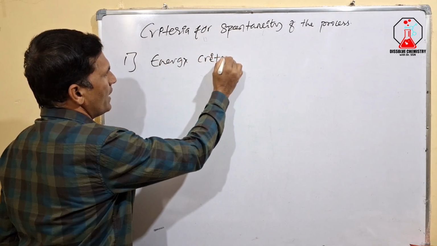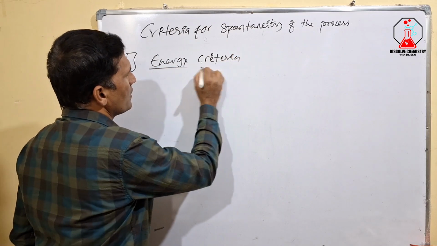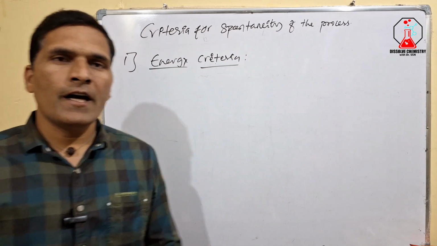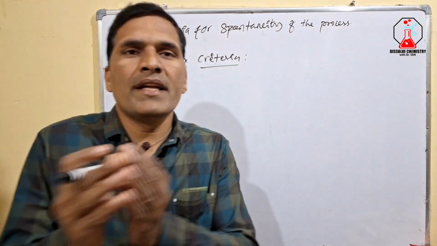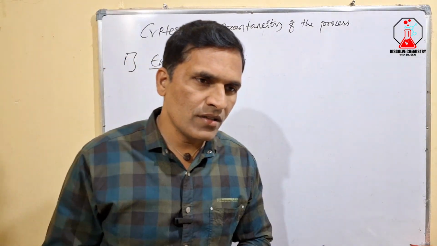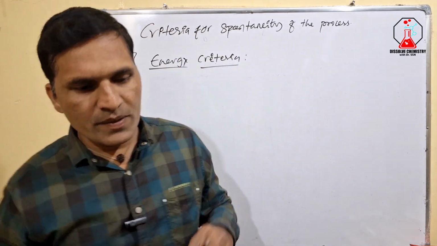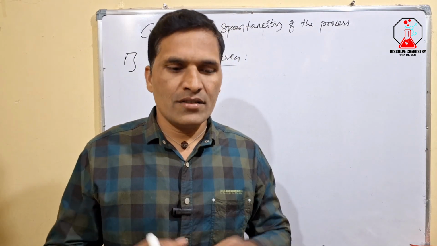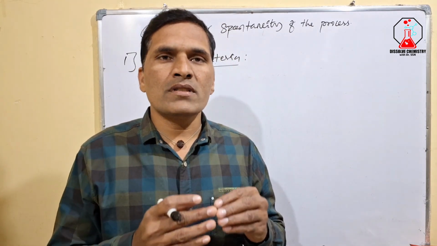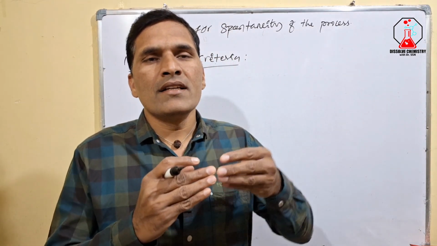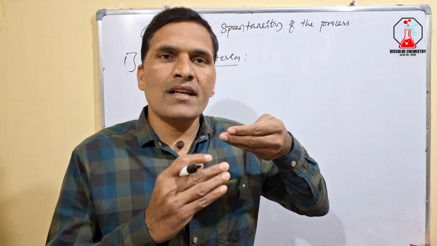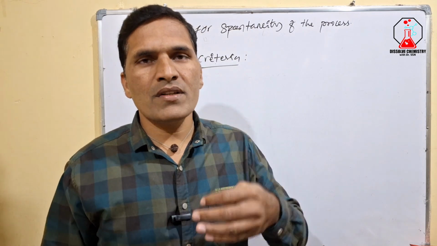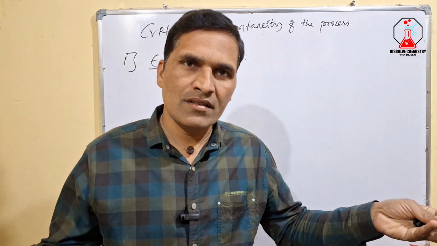So it was thought that the processes where the energy of the system decreases are spontaneous. Generally anything is said to be stable when it is at lower energy. So the process will occur in such a way that if the system is at higher energy, it always tends to move to lower energy, and during that it will lose its energy.